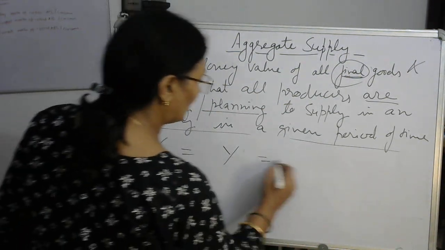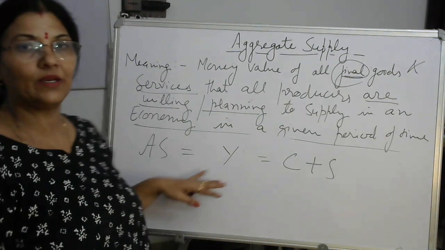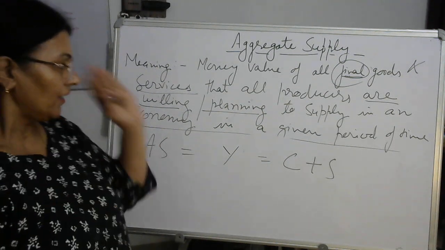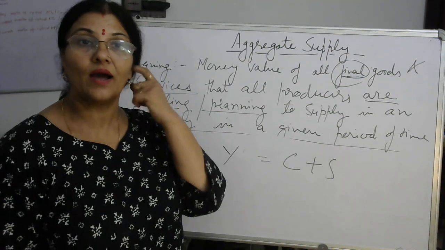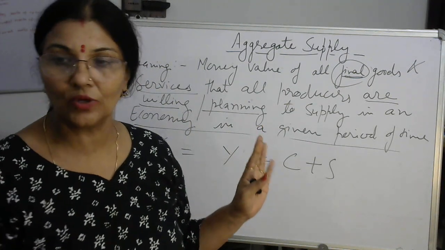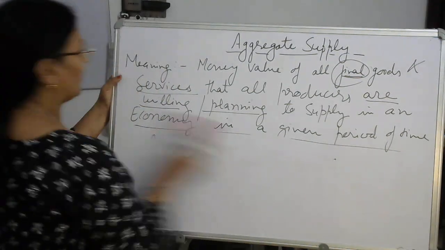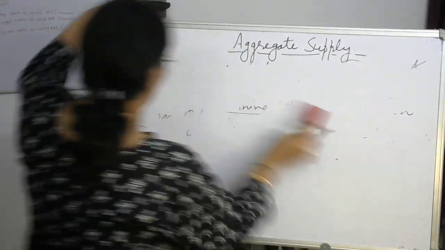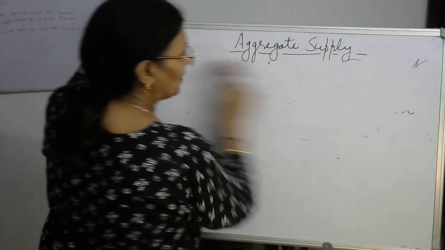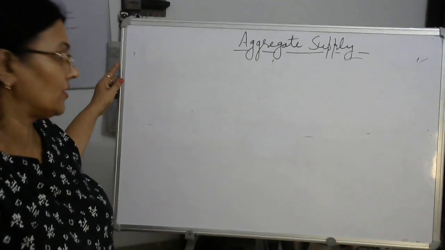So Y is equal to C plus S. First of all, make this concept clear: AS, national income, and C plus S, all are the same thing. Understood? Next, the components of AS. We have two components of AS, because AS is equal to Y, and Y is either consumed or saved, right?